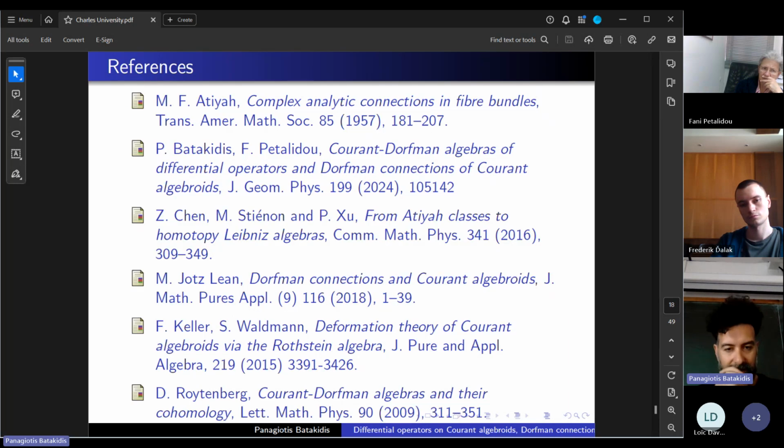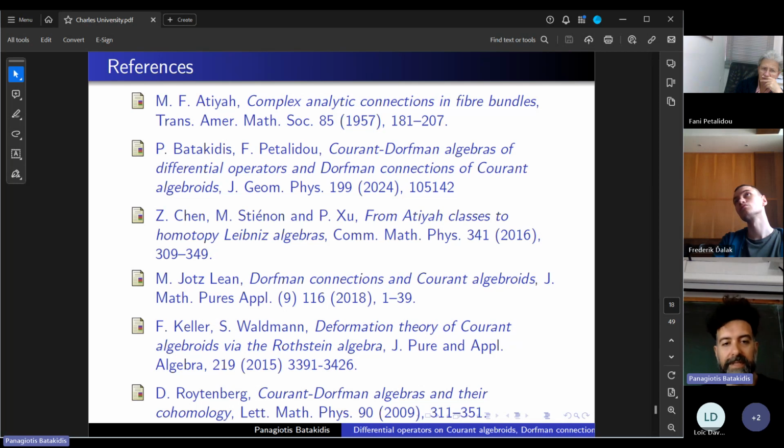So these are more or less the basic references I used in the talk. The first one is the original paper by Atiyah, where the class first appeared. Then the second paper is what I discussed, joint work with Fanny Petalidou.